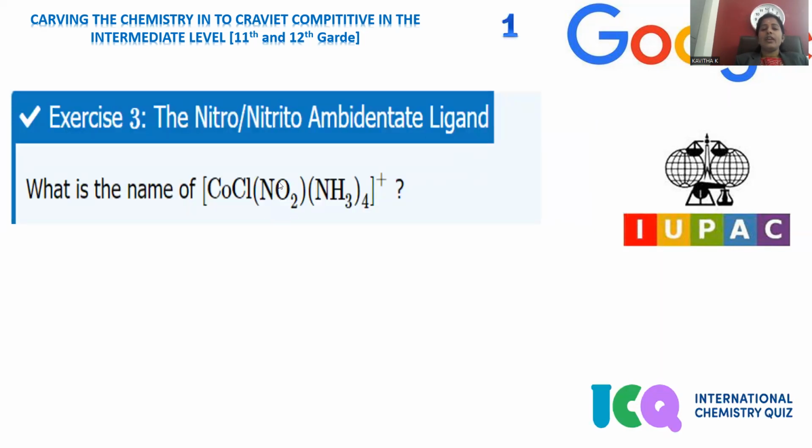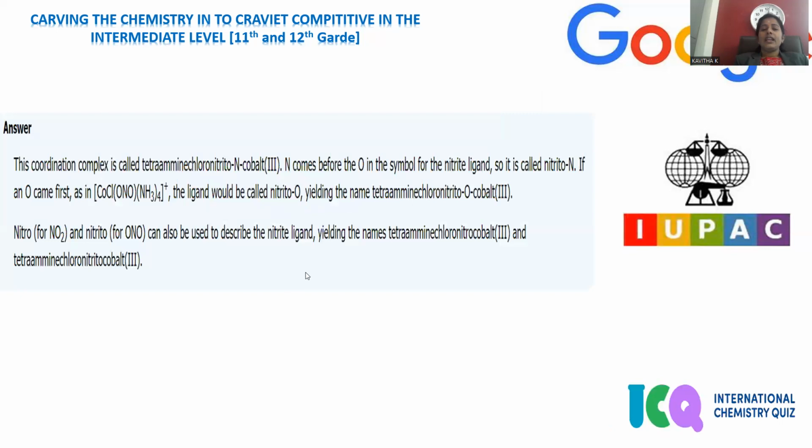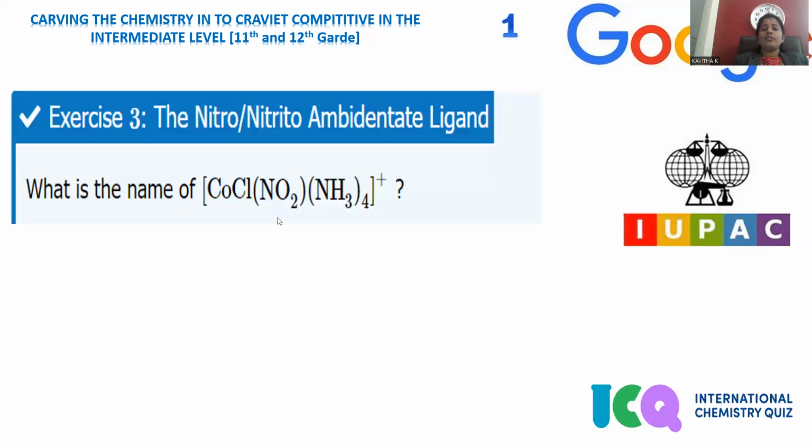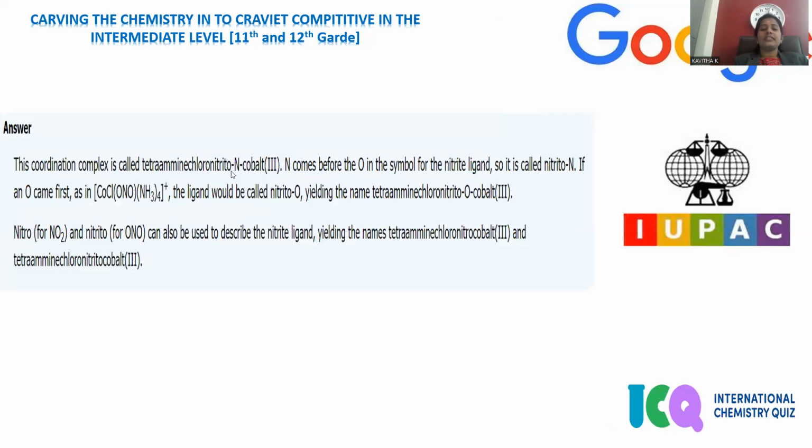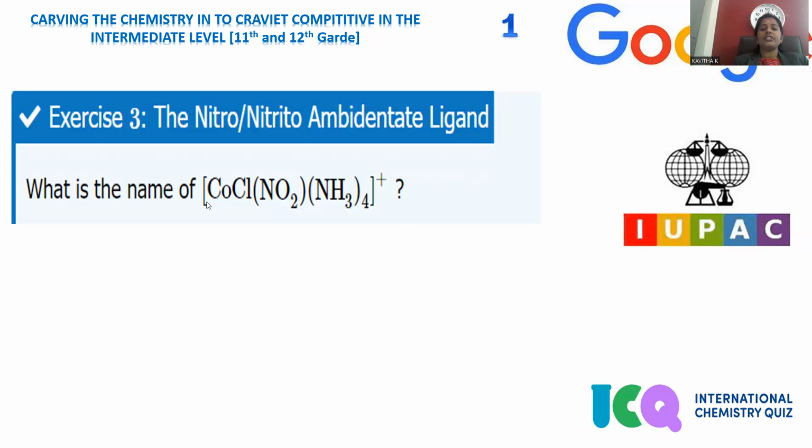If nitrito is mentioned, later you have to give N. N stands for nitrogen being responsible for releasing the electron pair in this NO2. That's why N is mentioned. If nitrito-O is mentioned, that means oxygen is releasing electrons. So here: tetraammine, chloro, nitrito-N, cobalt(III). Why is it mentioned as 3?